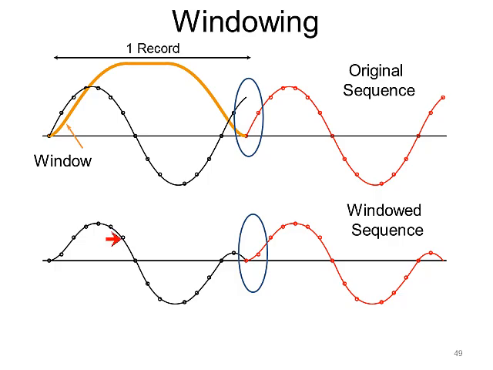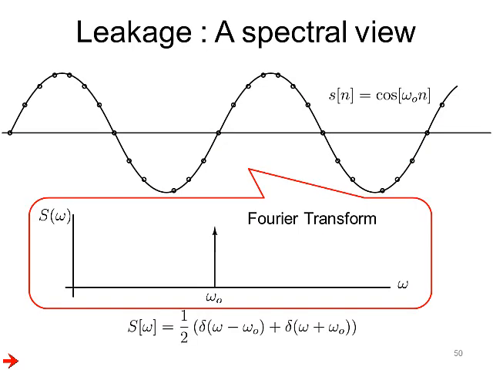When you make a periodic extension of this sequence, the discontinuities, as you can see, are gone. Therefore, one should expect less high frequency energy when one computes the spectrum of this sequence. That was a time domain intuition on why there is leakage and what one can do to mitigate it.